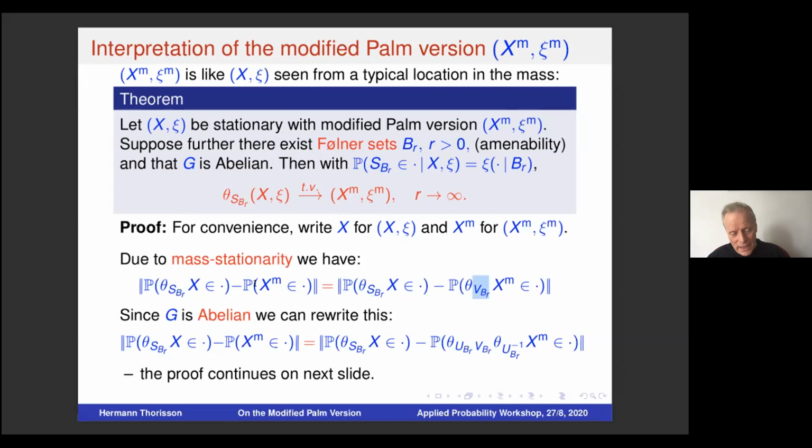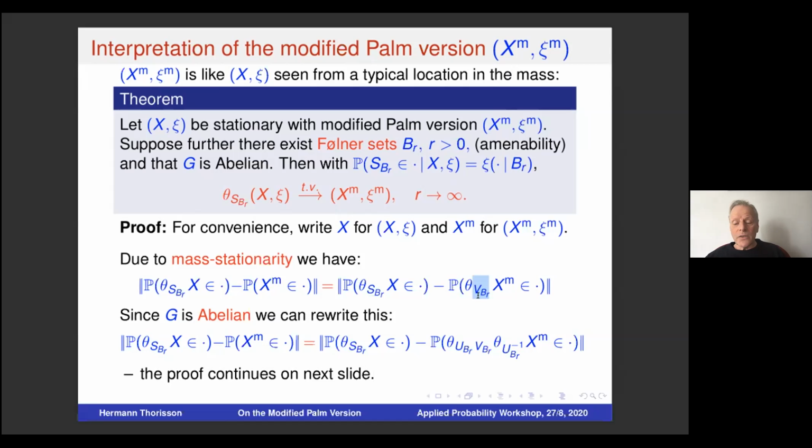I can tell you this X_M is the modified guy. And here we take the modified guy and shift it to a typical location in the set according to the mass in the set B_R. And by that, the distribution doesn't change. So we can replace this by that. And then I put in U, the inverse of U here and U here.